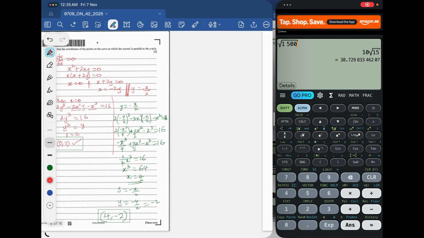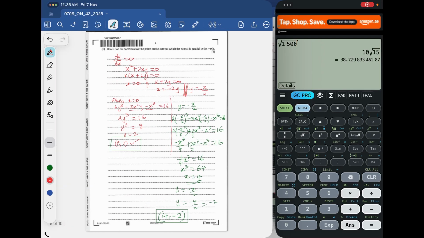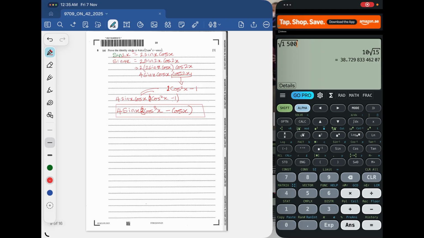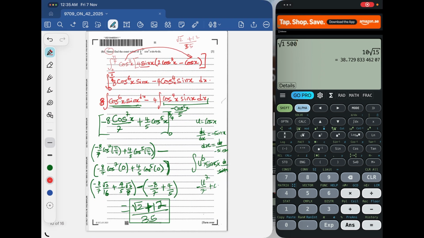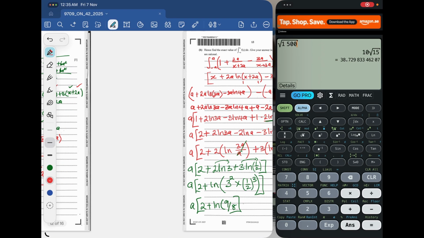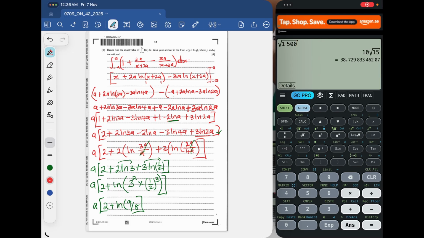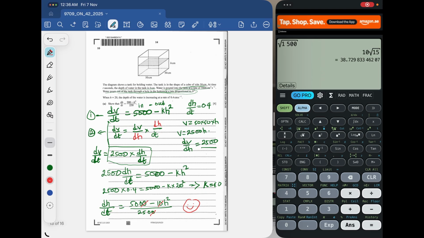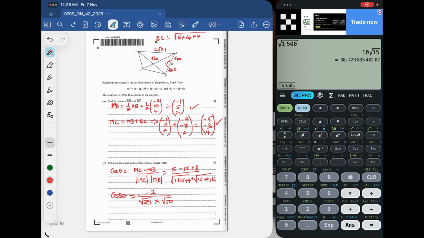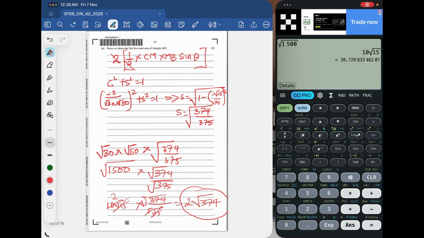Then we found the coordinates of the normal to the curve. Then we proved the identity of sine 4x in a different way. Then we integrated, did partial fractions, and integrated again. We did rate of change. Then we integrated again, or differential equation. Then we solved vectors. This is a tricky one. The last part is a tricky one.